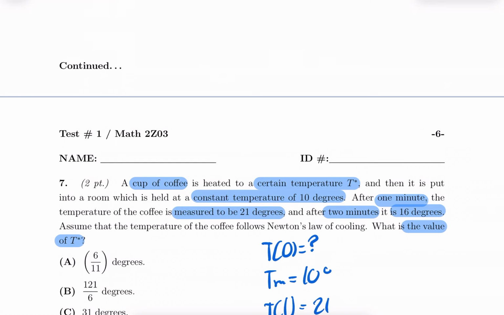Good luck, guys. Oh yeah, and my formula sheet. This is basically all I've written down so far. Let me send it to myself.